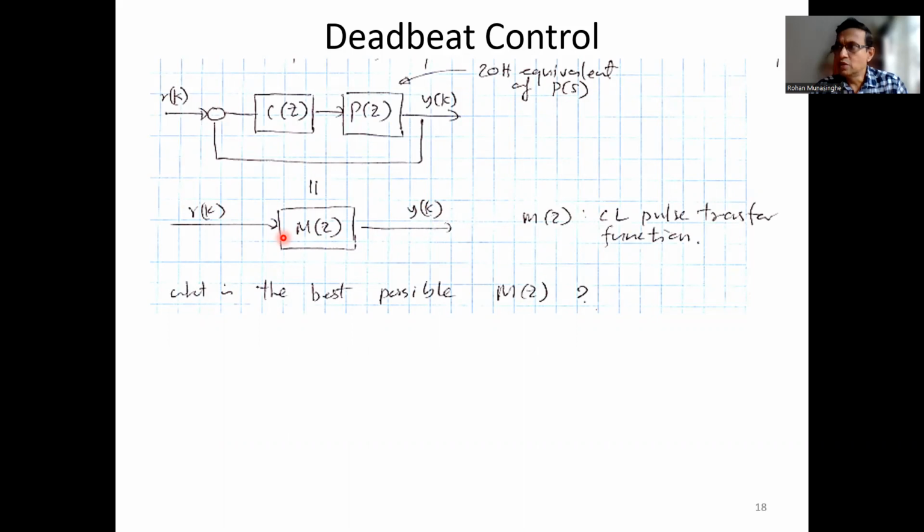When you say I want to control a plant, I really mean that I want the plant to behave exactly as I instructed it to behave, right? Then I have a very good controller. The whole purpose of the controller is to implement my command and generate the output exactly or as close as possible to the command. Okay.